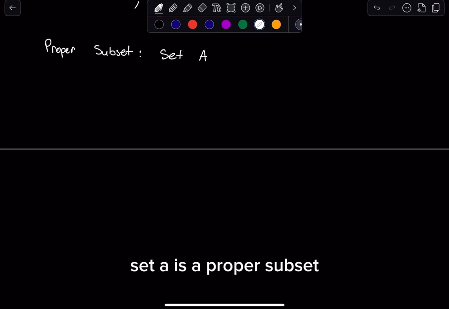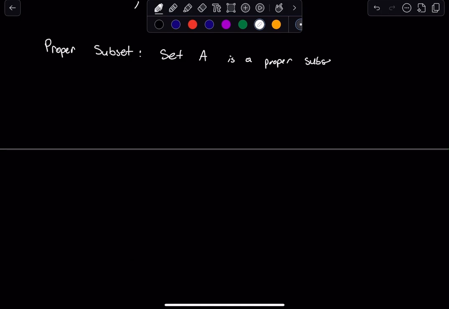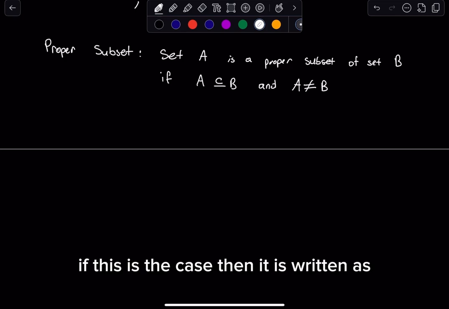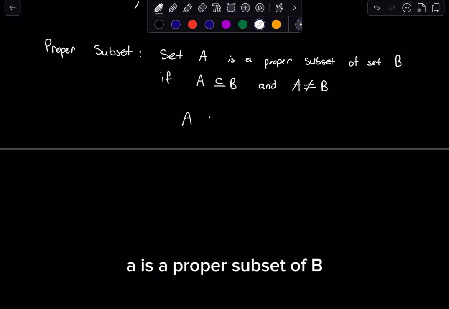Set A is a proper subset of set B if A is a subset of B and A is not equal to B. If this is the case, then it is written as A is a proper subset of B.